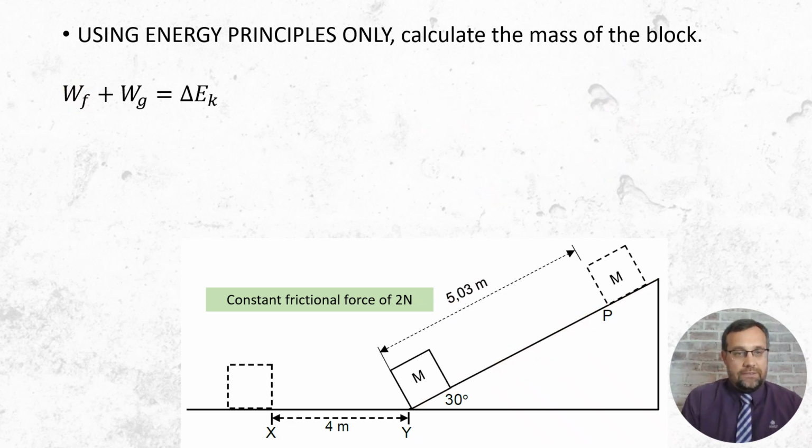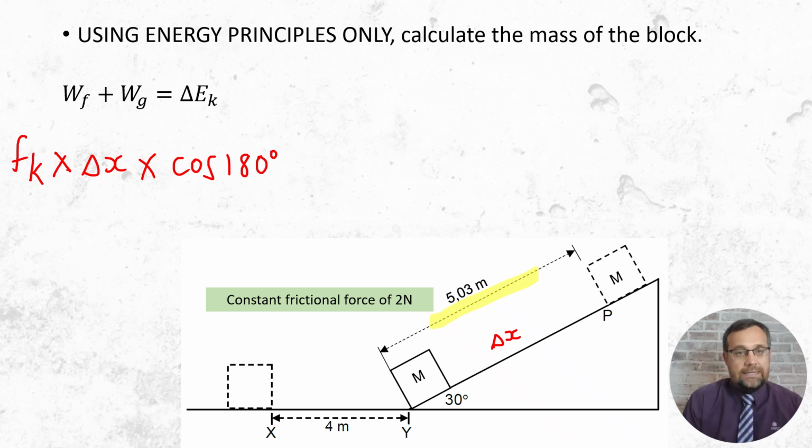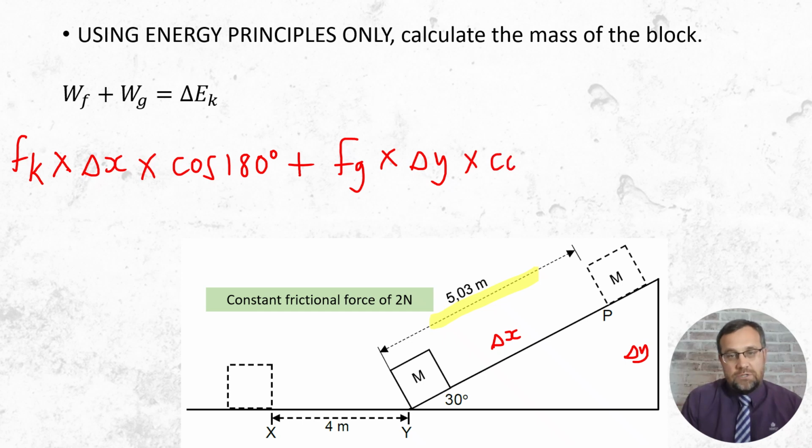So we can rewrite this. That is the constant frictional force times the displacement, that's delta x, times the cos of theta. We are moving up and friction is going down, so that is 180 degrees, plus the gravitational force times delta y, remember it's moving up, times the cos of theta.